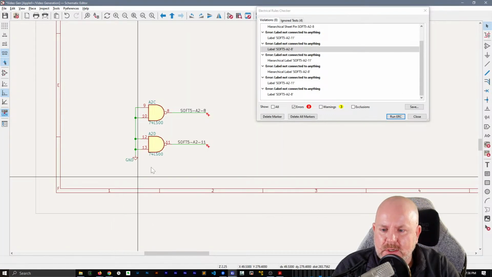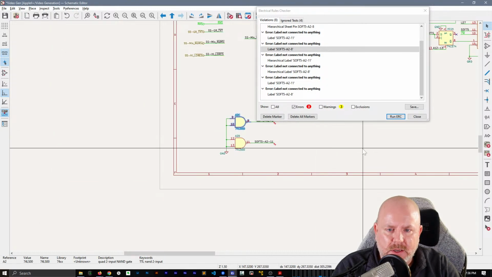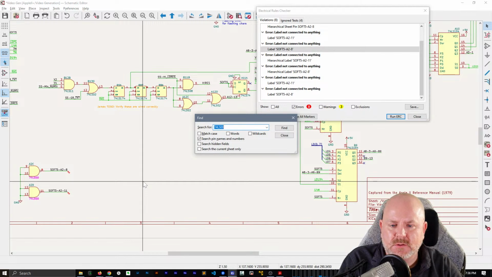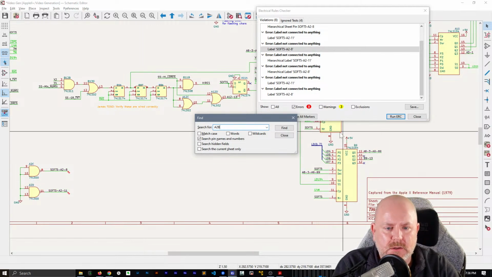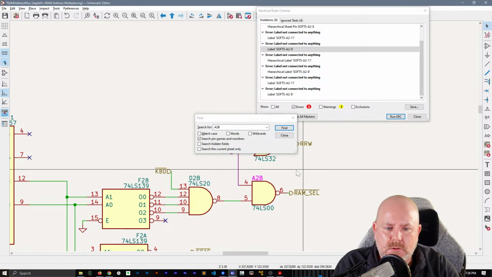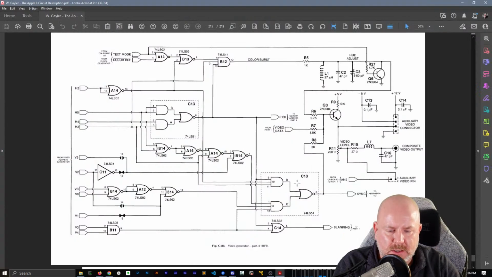I just realized this. So we are looking for A2. All right, what else? I wonder where else A2 is at. So let's look for A2B. So A2B is in the RAM multiplexing. Okay. But that's what we're looking for now, is A2.